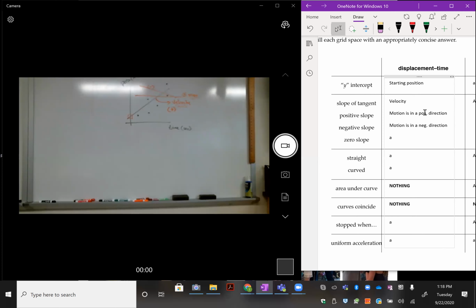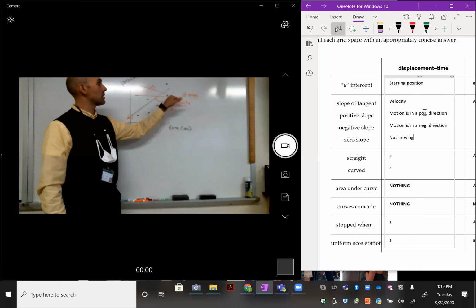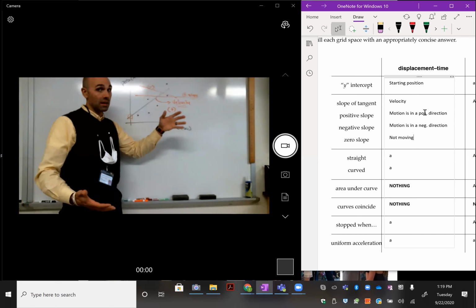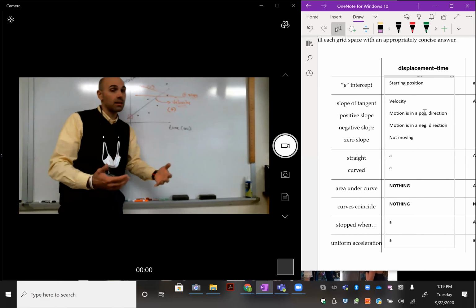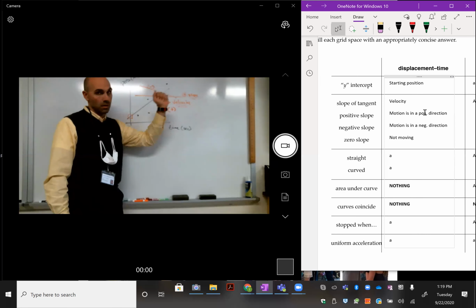The slope corresponds with the direction. And a zero slope means you are not moving, okay? Your velocity is zero. If we're getting the slope from the line, and the slope of the line is zero, and that tells us the velocity, then the velocity also has to be zero.